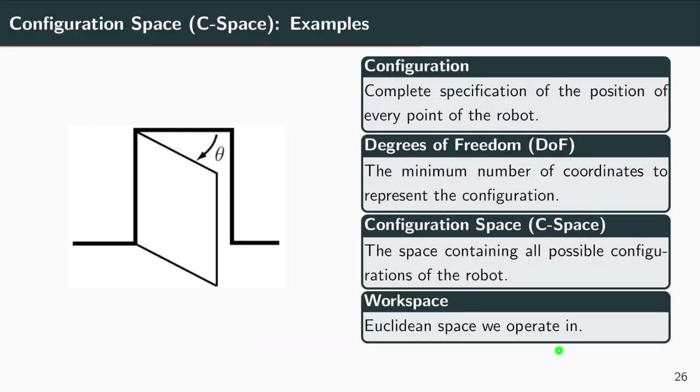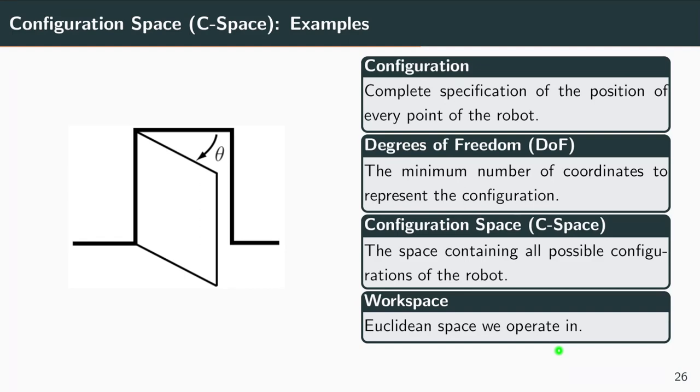Okay, let's do another fun example. Here we have a door. The door is fixed, but it can be opened and closed at this angle theta. Same exercise: what would be the configuration, the degrees of freedom, configuration space, and workspace? Yes?